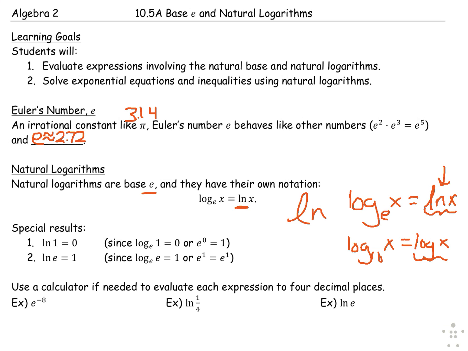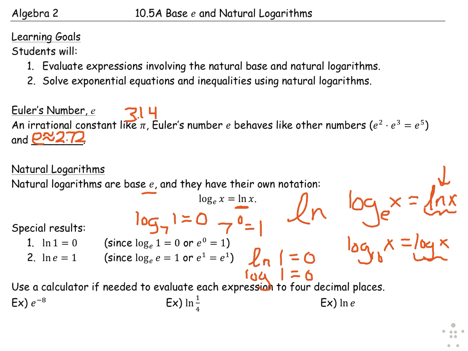So that's why that is true. So if I say log base 7 of 1, what does that equal? 0, because 7 to the power of 0 is equal to 1. So that's why the natural log of 1 is equal to 0. That's why the common log of 1 is equal to 0.